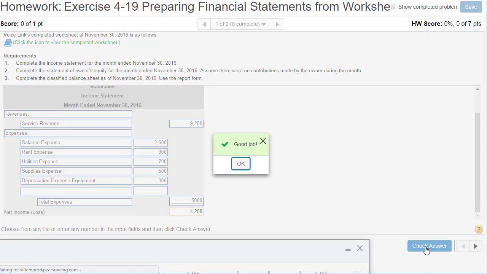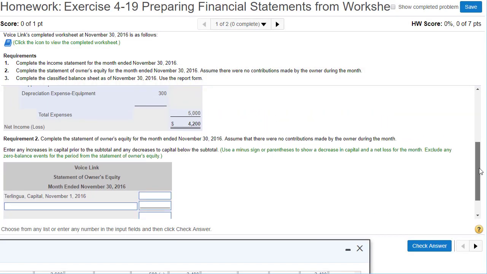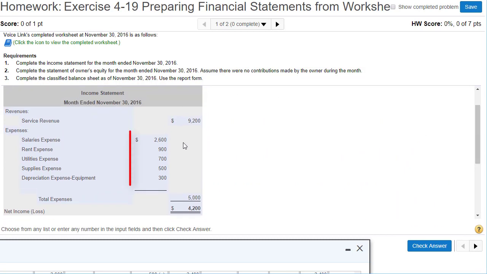Check answer. Good job so far. And let's just scroll back up there. In case you're wondering why we have multiple columns, notice there is no debit and no credit. So these are not debits and credits columns. These are just formatting columns. Some companies even have 3 columns, depending on how many expenses they have and how complicated it is.